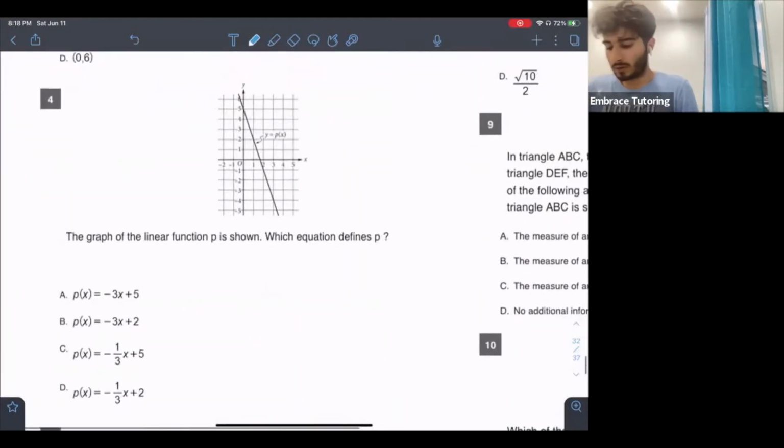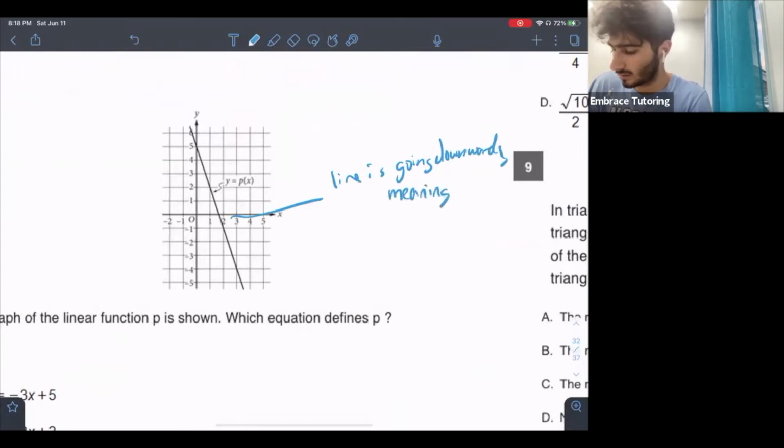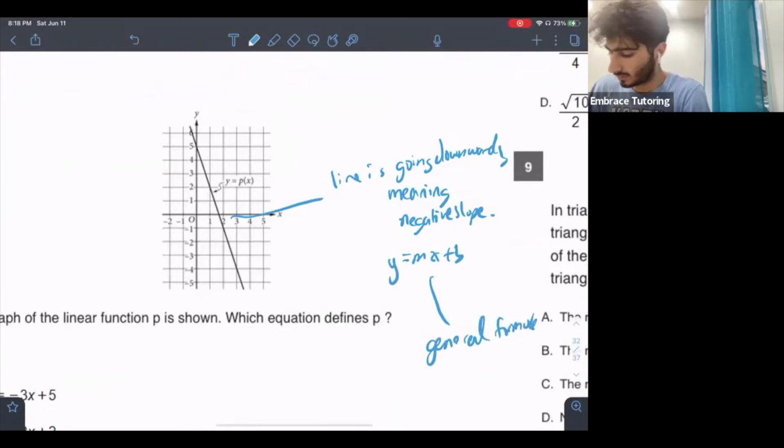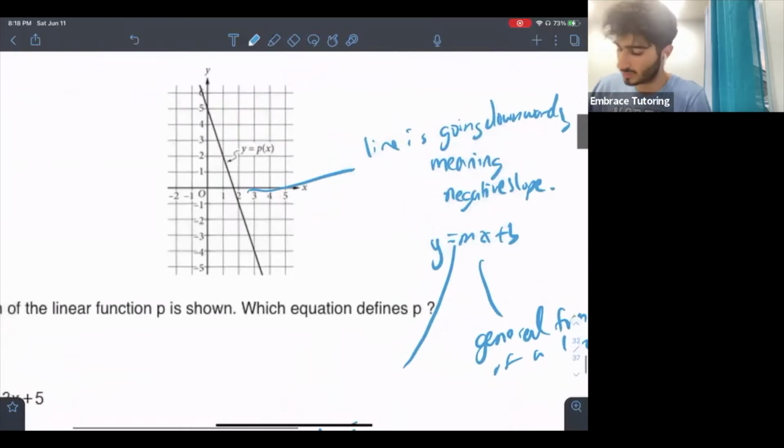Question 4. The graph of the linear function p is shown. What equation defines p? Once again, the line is going downwards, meaning negative slope. So y is equal to mx plus b. That is the general formula of a line, so you need to keep that in mind. And so you can also determine the y-intercept.